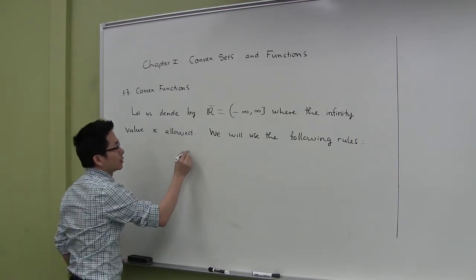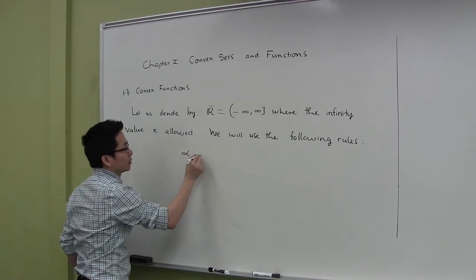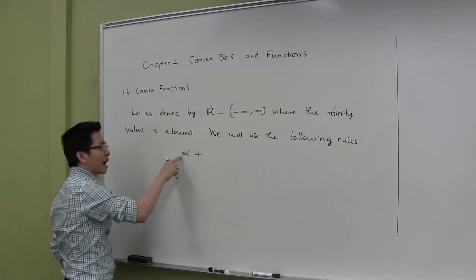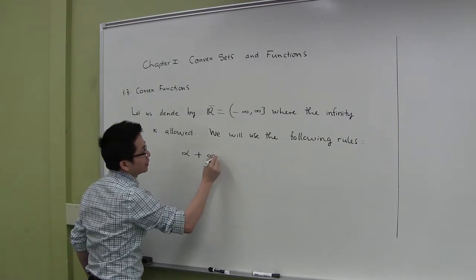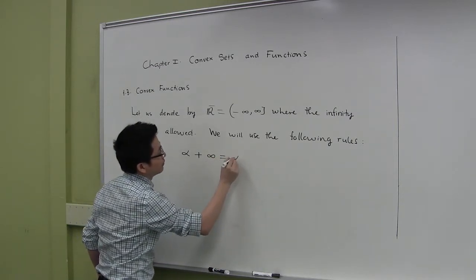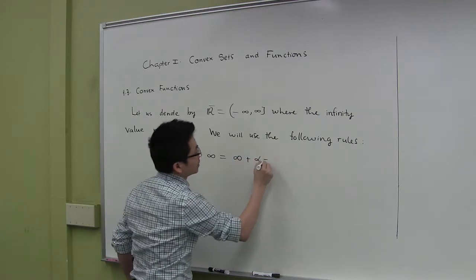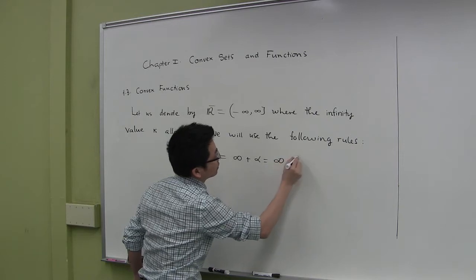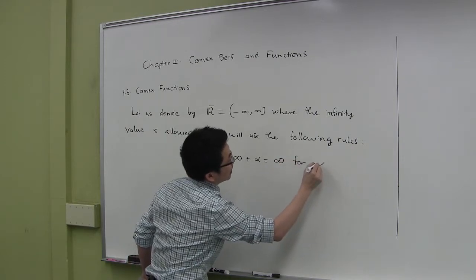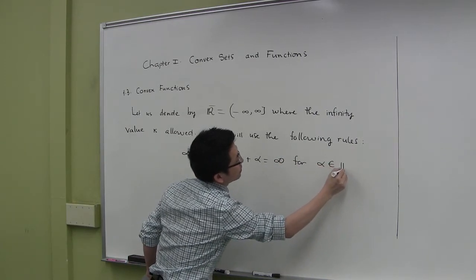If we have a real number alpha, then alpha plus infinity is equal to infinity plus alpha and is equal to infinity for any real number alpha.